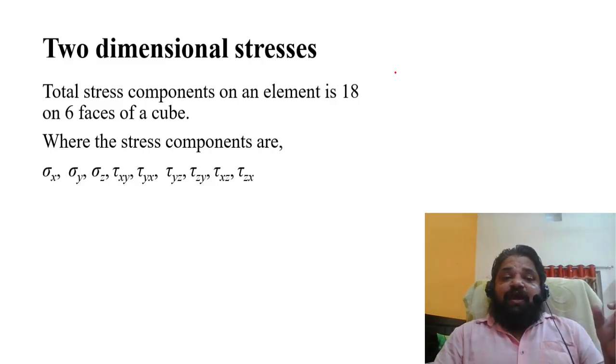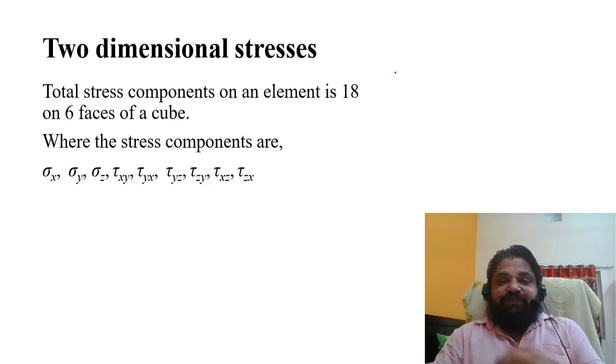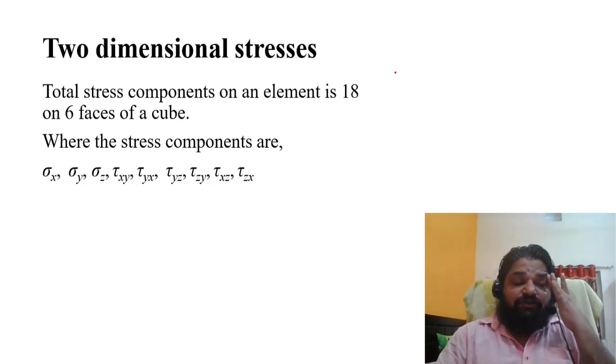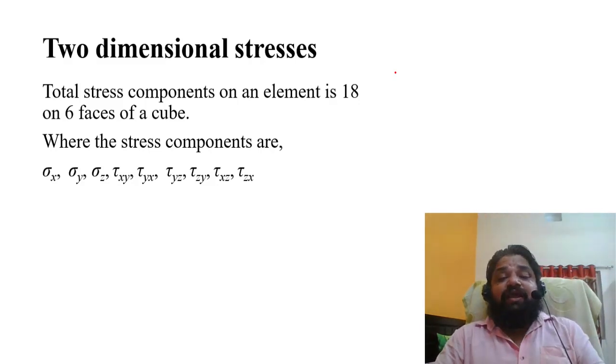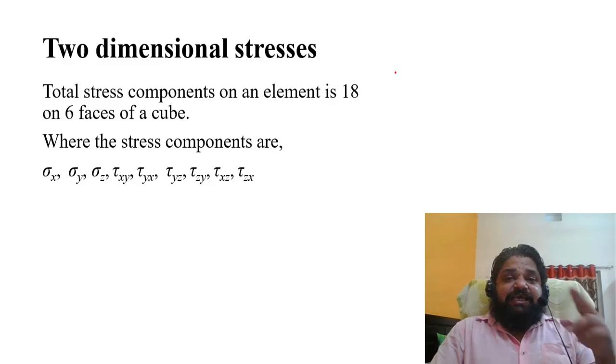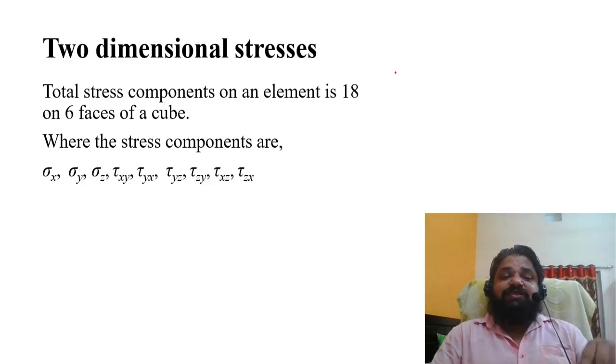Out of the pair of normal stress, we took half of that, and out of the group of shear stress, we took only half; the negative ones we have not taken. Out of 12 we take only 6, because each of the 6 faces will have 2 shear stresses, so we get 12 components of shear stress, and each face will have one normal stress.